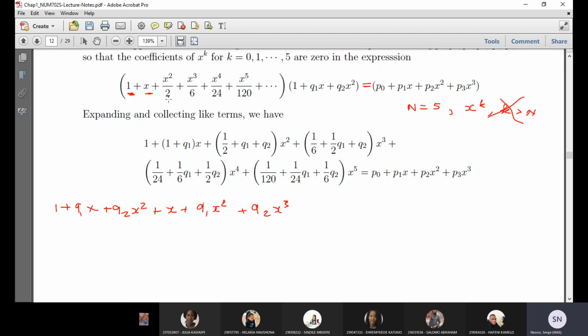Right. Now, if I take this one, multiply throughout, the highest degree will be x to the 4th, which is less than or equal to 5. So I can take everything. So I will expand blindly.